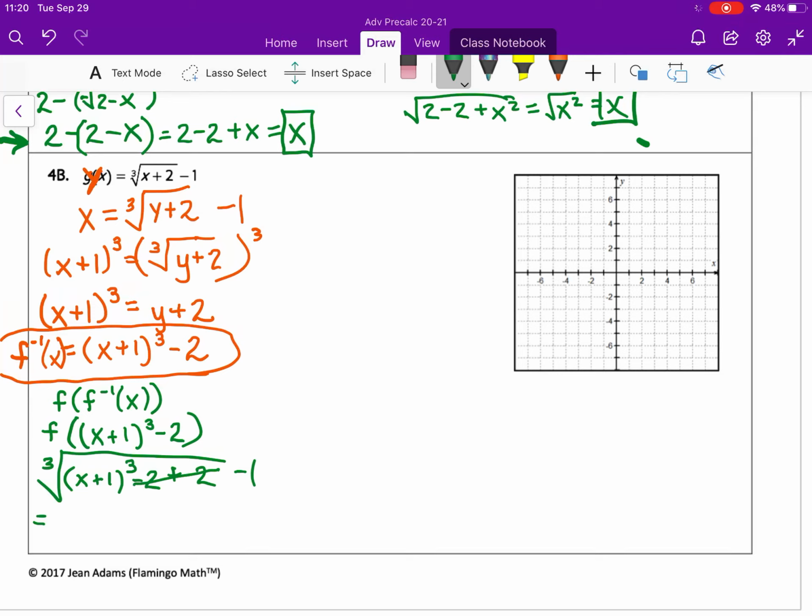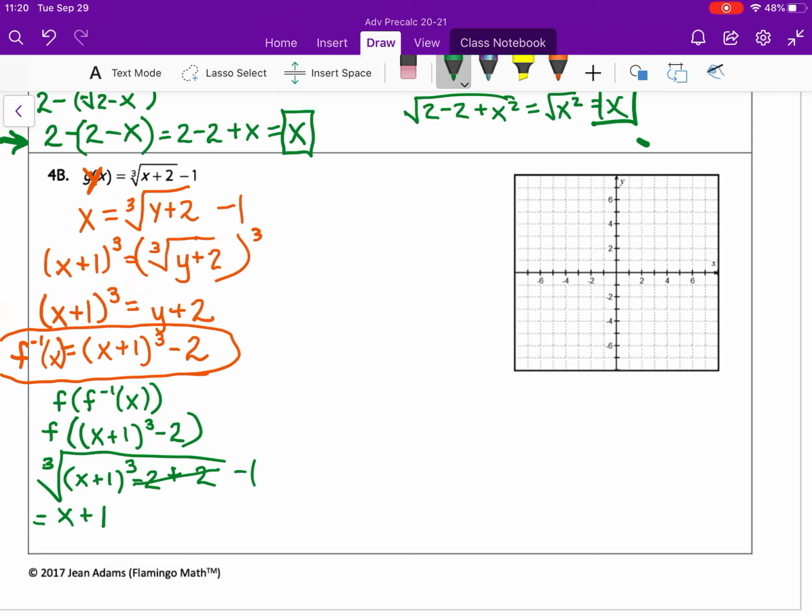All right, so then notice the plus 2 and minus 2 cancel underneath the cube root because that's just 0. And then I could do the cube root of something cubed is just itself, so x plus 1. Remember this minus 1 was on the outside.